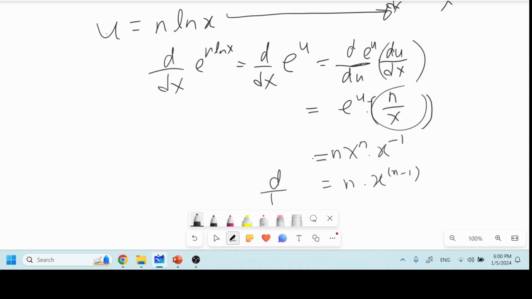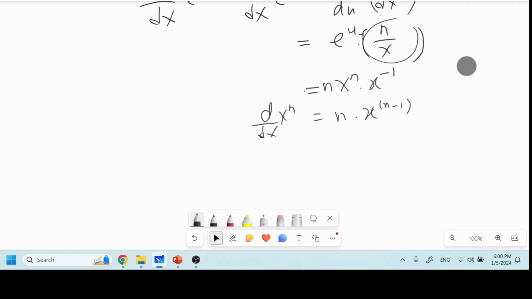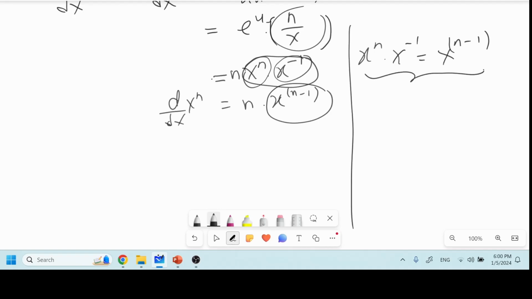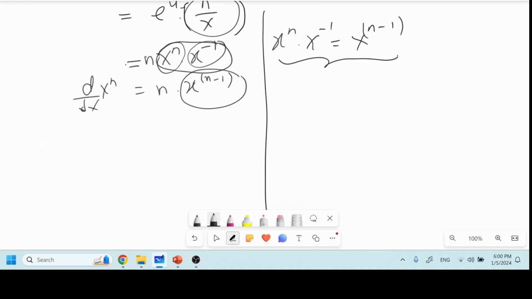That says d/dx of x^n is simply equal to n times x raised to the power of n minus 1, where we assume that x^n multiplied with x^(-1) is given by x^(n-1). We have to actually prove this before we can assume that the statement is true.